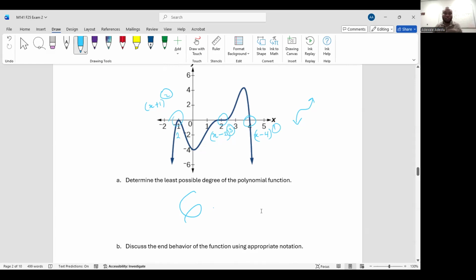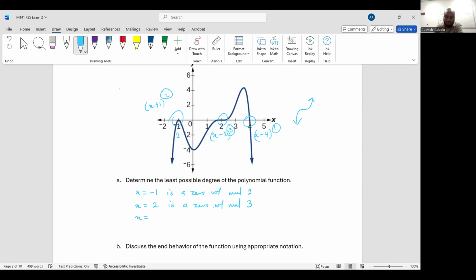That is that. So if you want to, let me write this very well. I can say x equals to minus 1 is a 0 with multiplicity of 2. X equals to 2 is a 0 with multiplicity of 3.